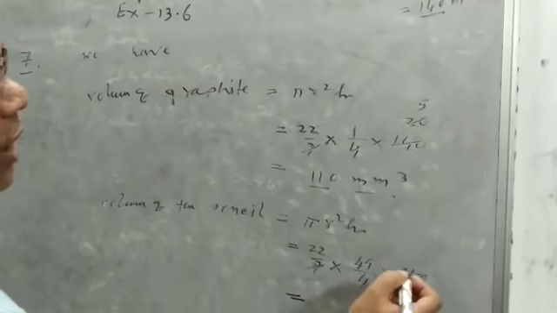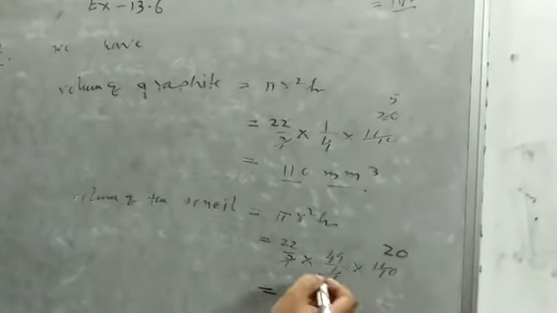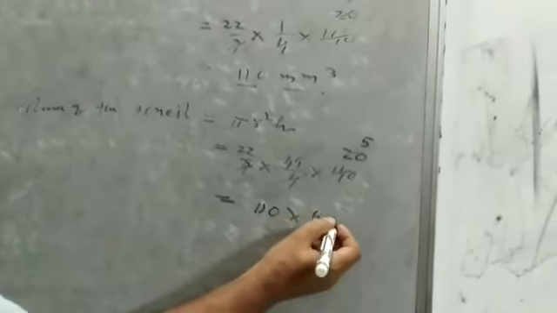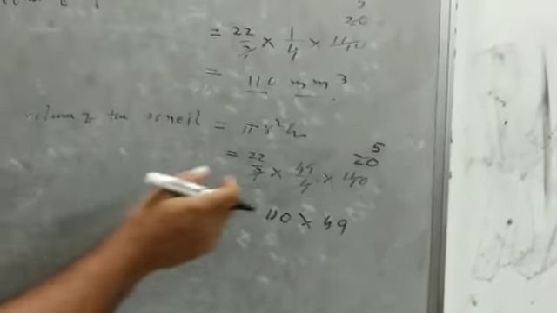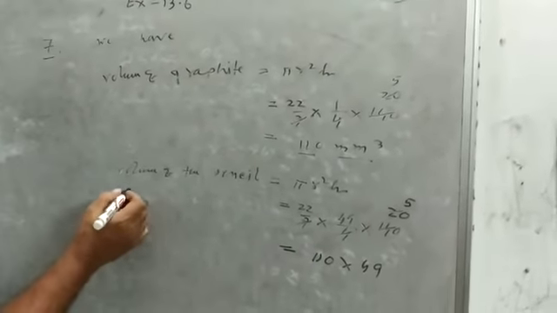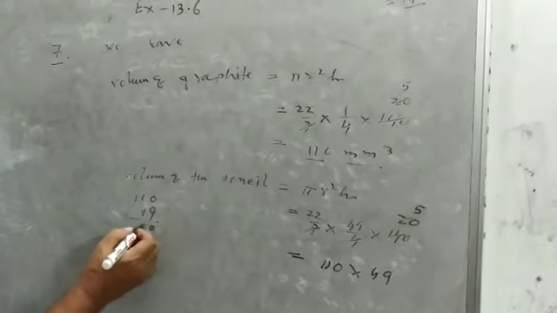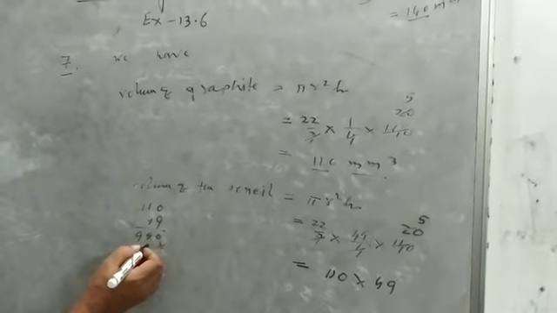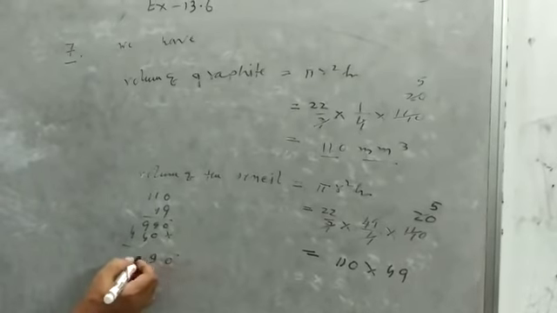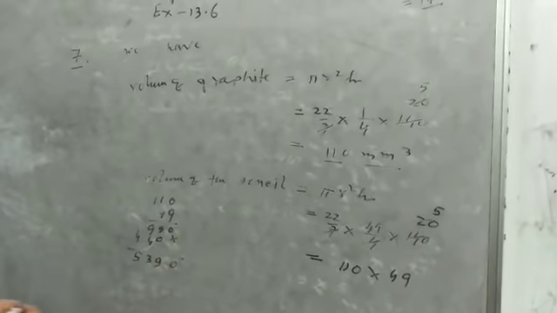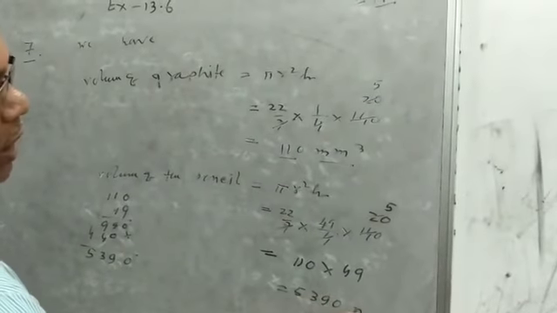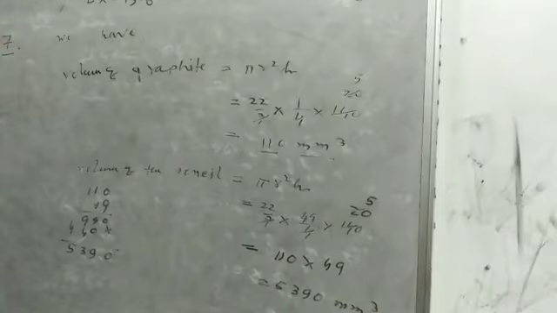Here 7 you can cancel, 20, then it is 5. So it is 110 into 49. Then we multiply 49 into 110, and it is 5390 millimeter cube, the volume of the entire pencil.